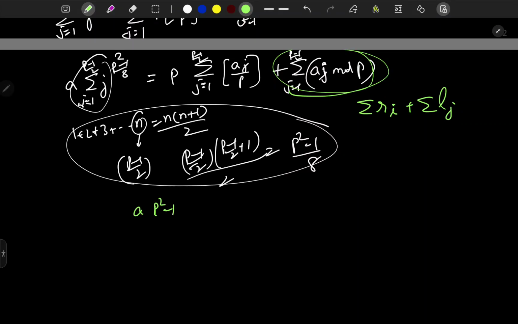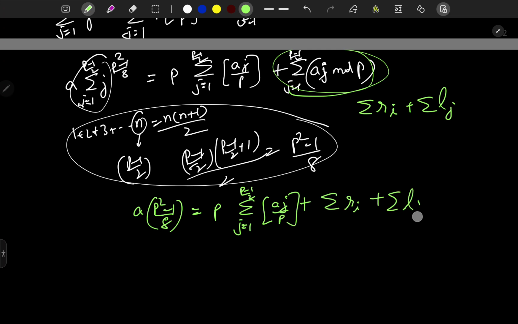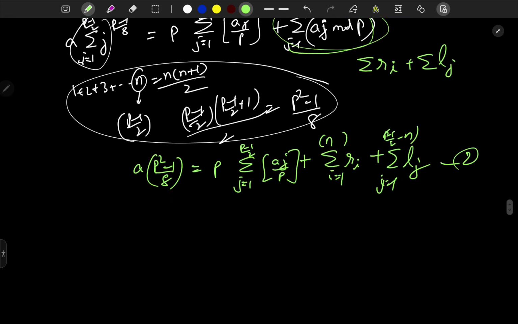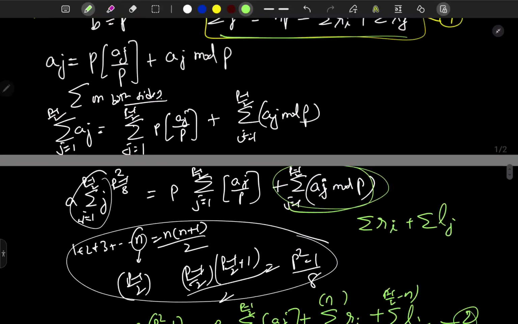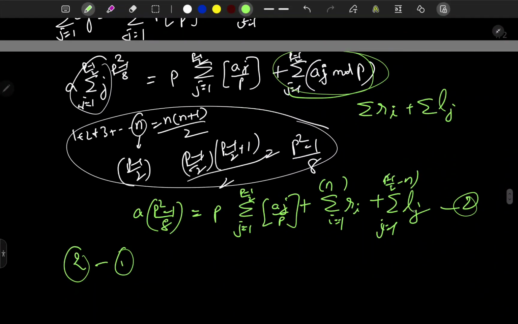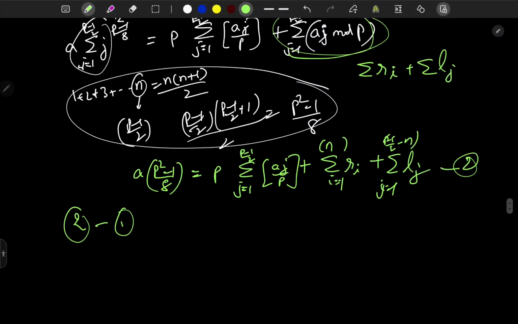So after that what will you take? a into (p square minus 1) by 8 equals p into sigma j equals 1 to (p minus 1) by 2 floor(a_j by p) plus sigma r_i plus sigma l_j. Like this, you understand a little bit, no need to write deeply. This is equation 2. I am saying do equation 2 minus 1. So by doing 2 minus 1 I will eliminate the l_j.